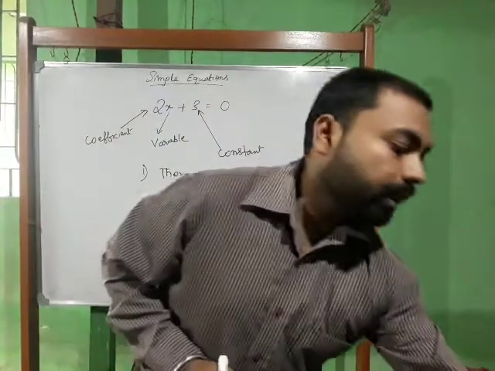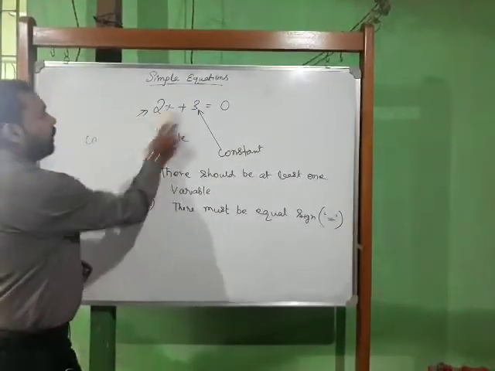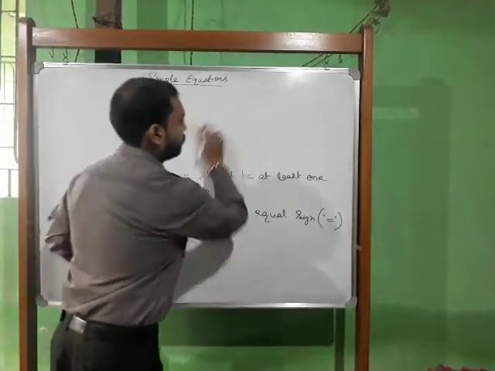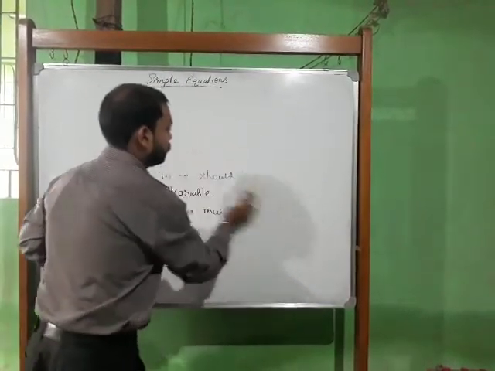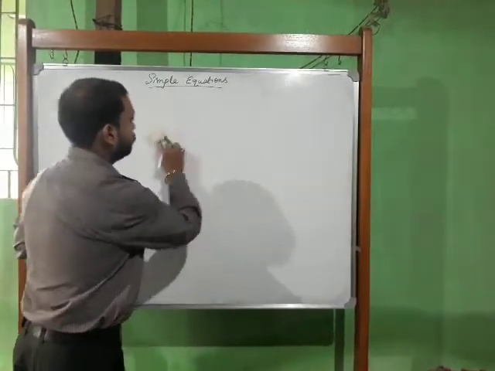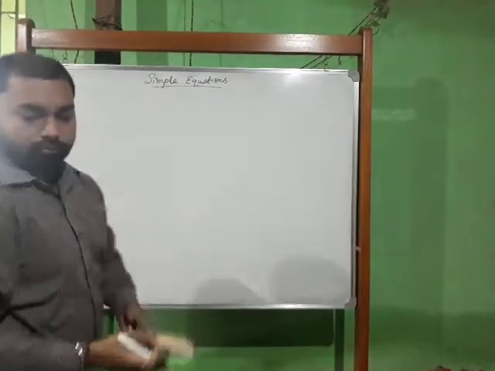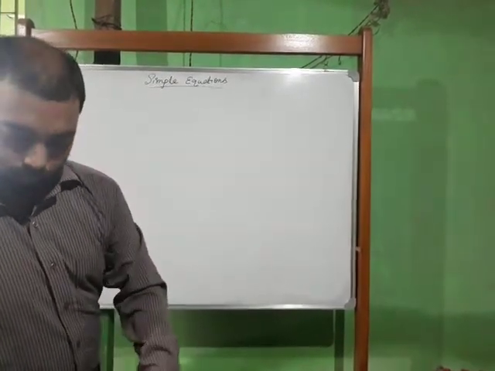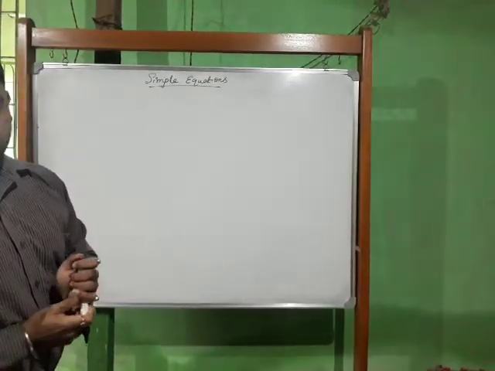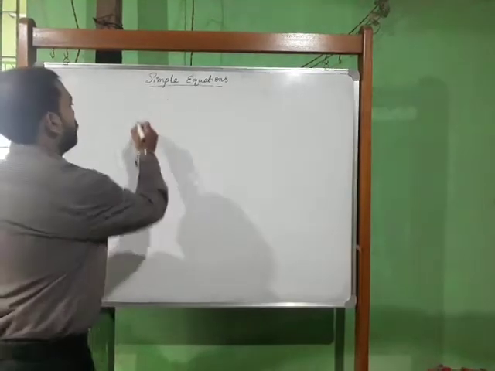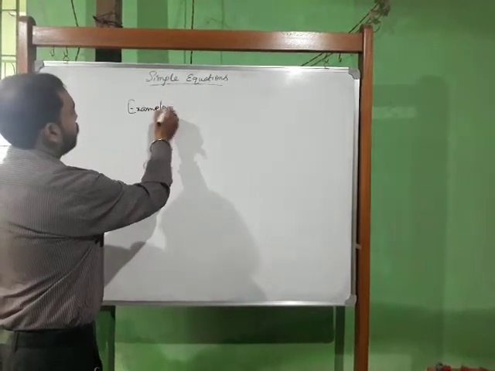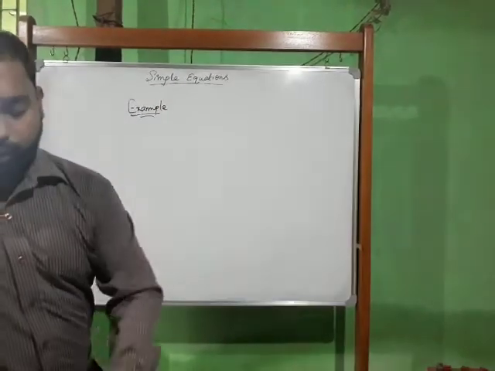Now let me show you how to form an equation. In your books some examples are there, so let me explain those examples so you can understand what a simple equation is.